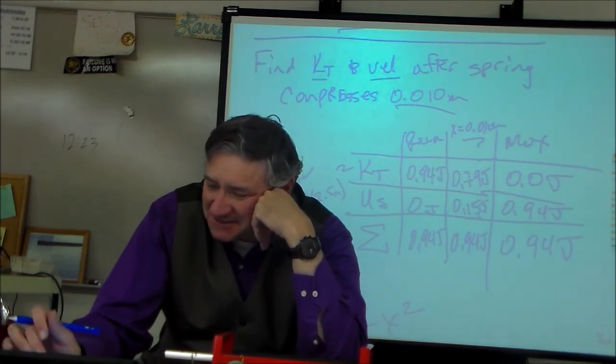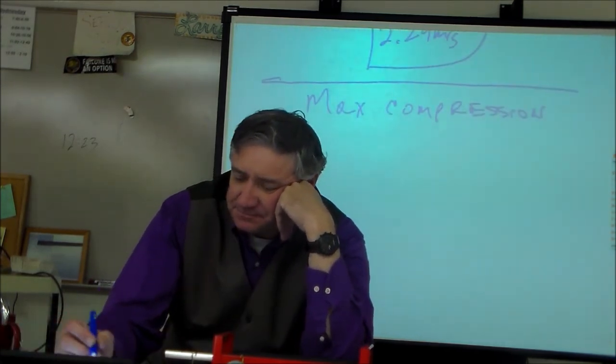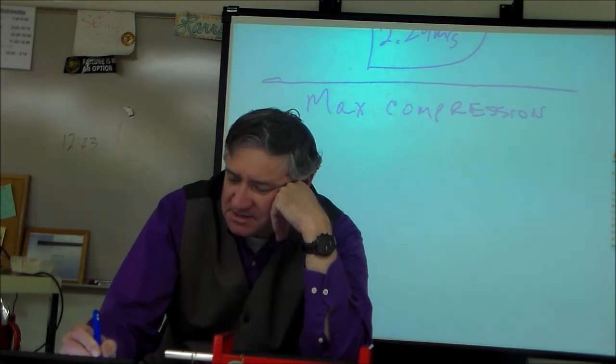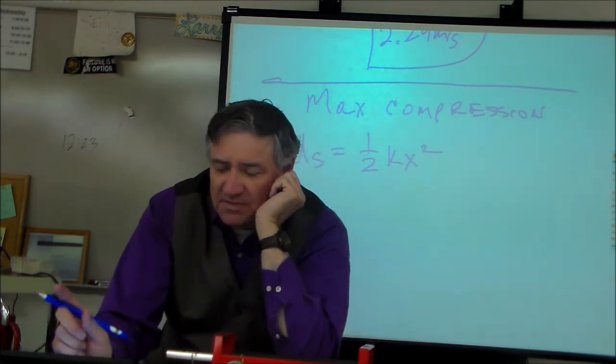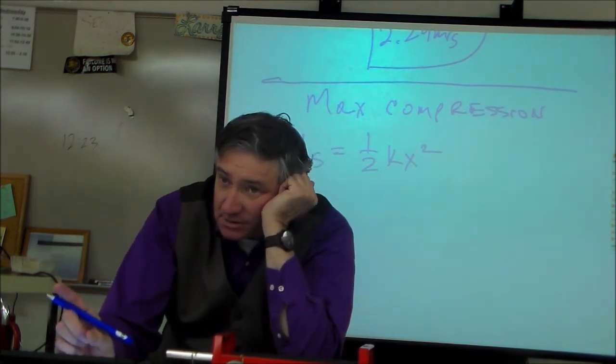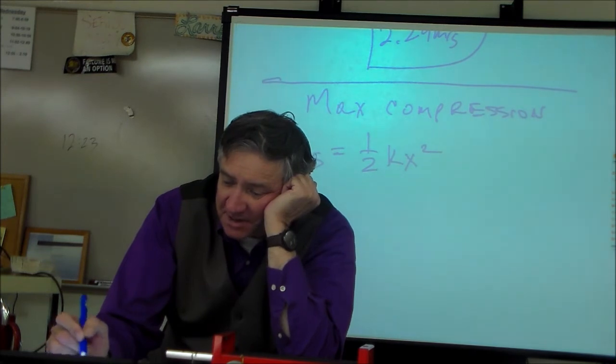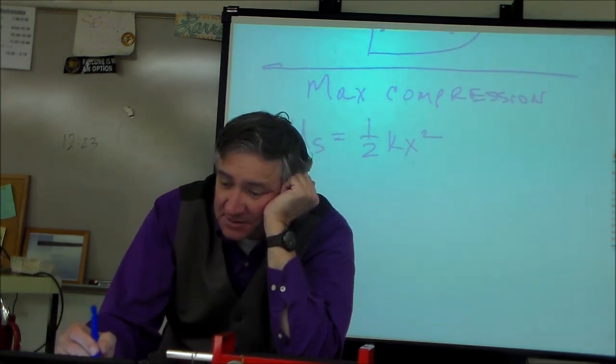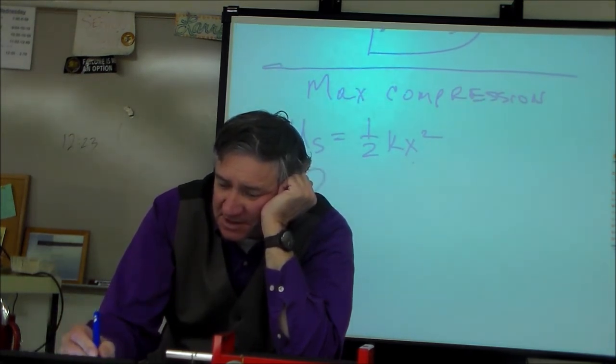Oh, that's kind of cool, right? So Us is 1/2 kx squared. So what's the only thing I don't know? x. So Luke, how am I going to get x by itself? Multiply by 2, so I get 2Us, then divide by k, and then square root that. Beautiful.